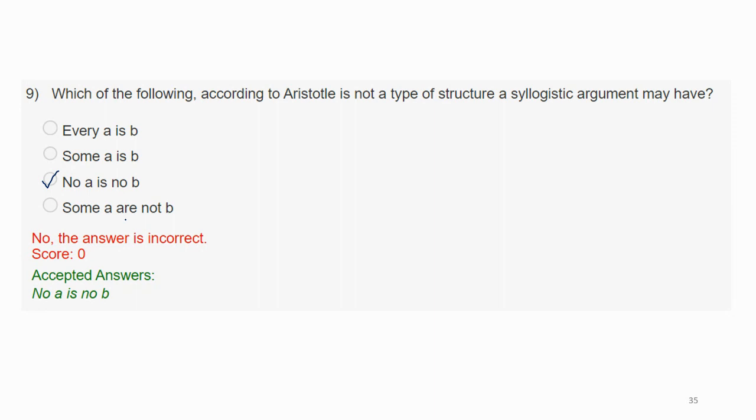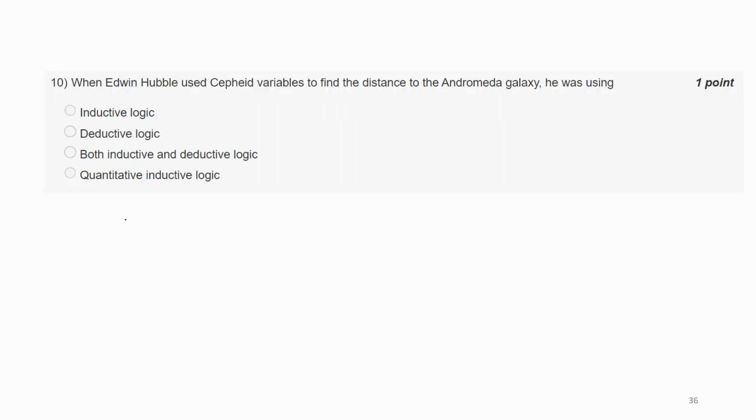Now, coming to the last one, that is also a knowledge-based question. When Edwin Hubble used Cepheid variables to find the distance to the Andromeda Galaxy, he was using which logic: inductive logic, deductive logic, both inductive and deductive, or quantitative inductive logic? If you read the story there, you will clearly understand that he was using both inductive and deductive logic.